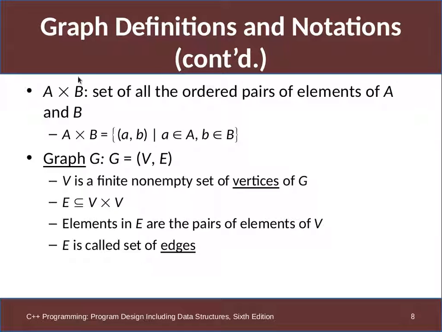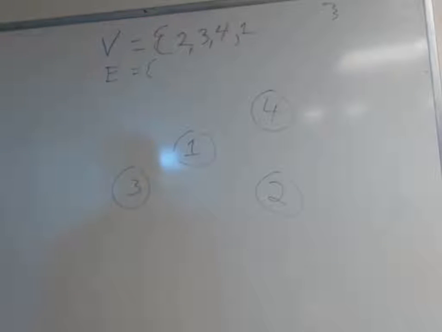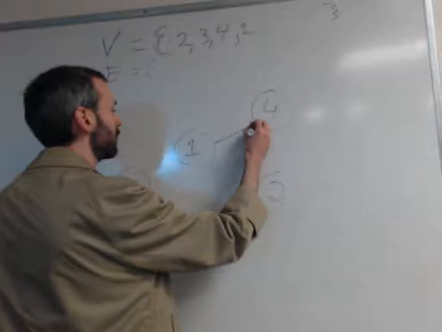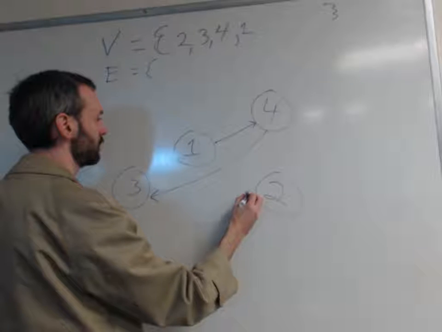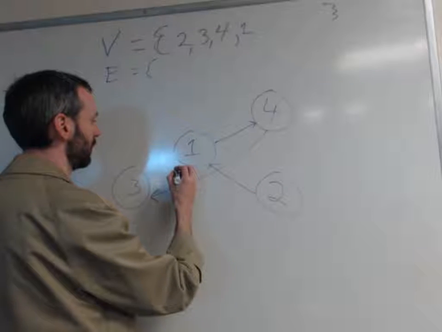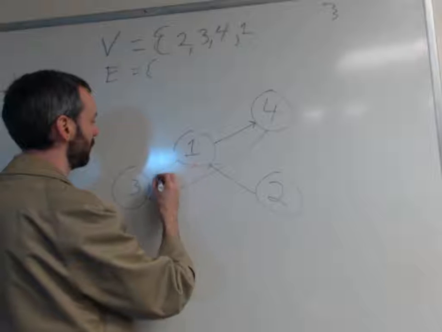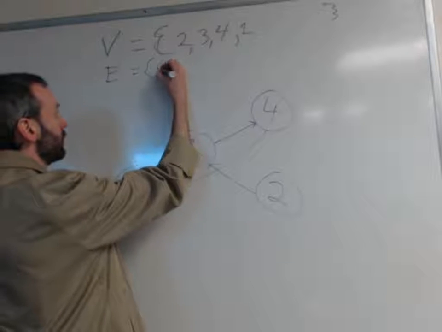Then the edges are a subset of the vertices cross vertices. So they're a subset of all the possible combinations. Elements in E are pairs of the elements of V, and they're called edges. All right. Somewhat confusing. But let's say 1 goes to 4, 4 goes to 3, 2 goes to 1, and maybe we'll have 1 go to 3.